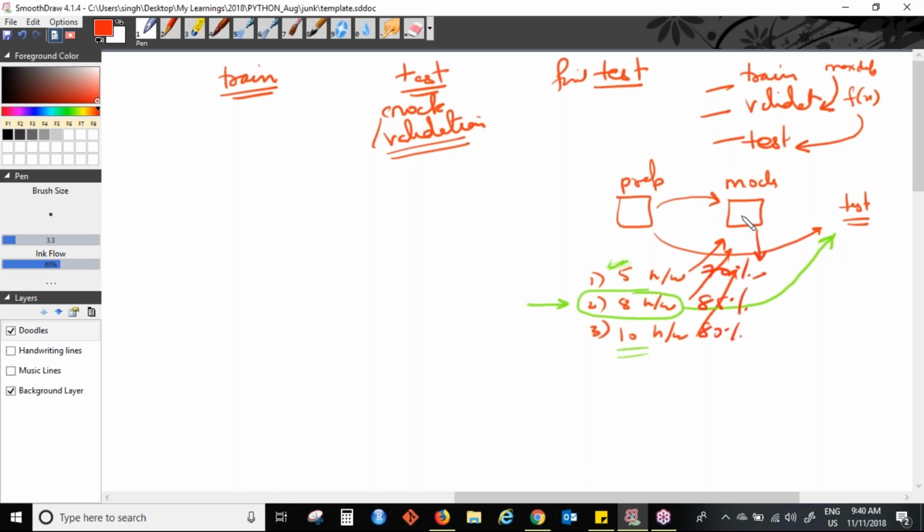So looking at your performance on the mock test, you have realized that 8 hours every week is the best approach. So you will use that approach on the final test. Okay, do you follow this? That is why you will see a lot of people divide data into train, validation, and then test. They divide it into 3 parts, not 2 parts, to avoid that cheating thing. Do you follow?